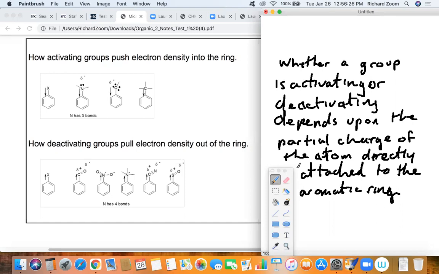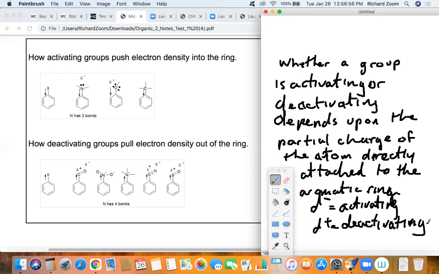Does anybody have any questions about what that means? So delta minus equals activating, and delta plus is deactivating. Now I hope that's not just words. Does anybody have any questions about that?